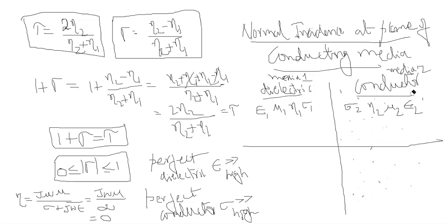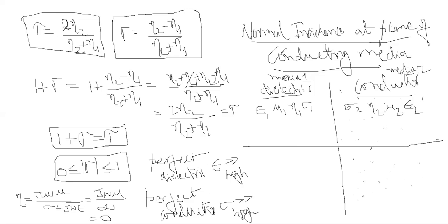Because for the conductor in medium 2, eta 2 is equal to 0. The conductor has very high sigma, and the intrinsic impedance is inversely related to sigma. Sigma is very high, so eta is 0.